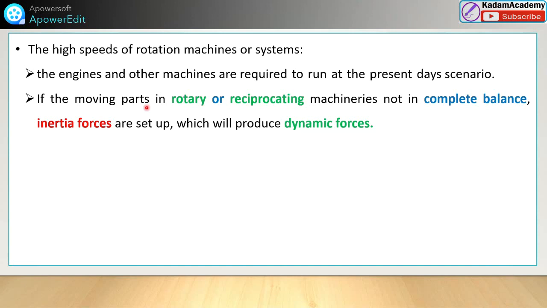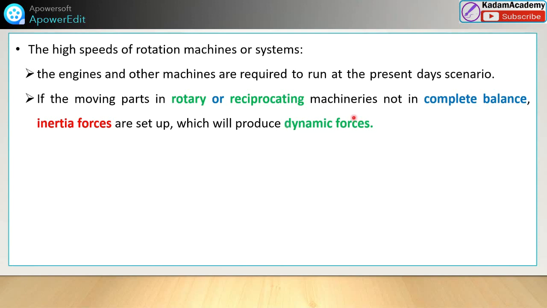But what will happen if the moving parts in rotary motion or reciprocating motion are not in complete balance? If the machines are not balanced, inertia forces are set up, and they will produce dynamic forces in the machines.